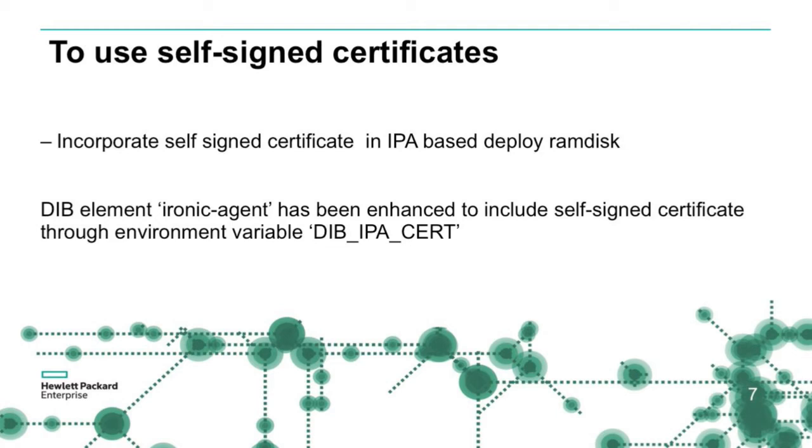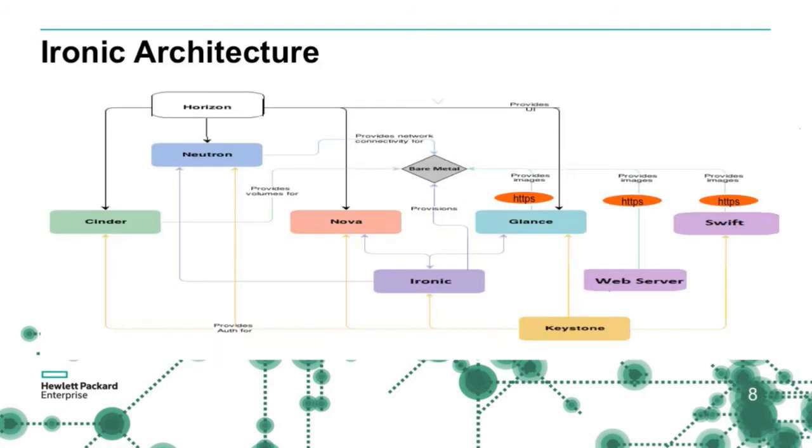You just have to set a variable, DIB_IPA_CERT, giving it the path of your self-signed certificate, and it will get bundled into the deploy ramdisk when it gets built. This way you can use HTTPS encrypted connections for all your data transfers happening between your images and bare metal.